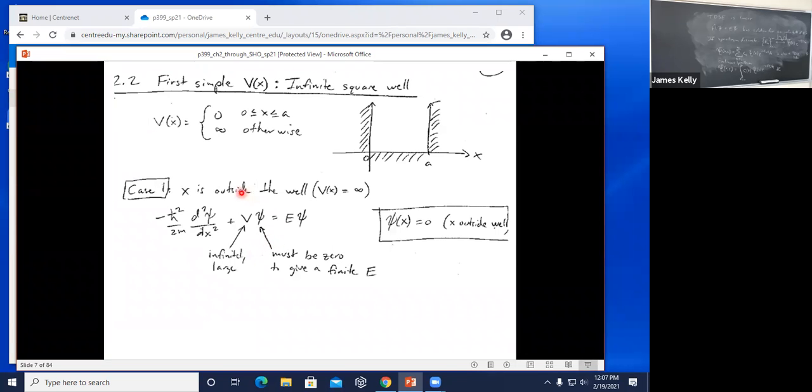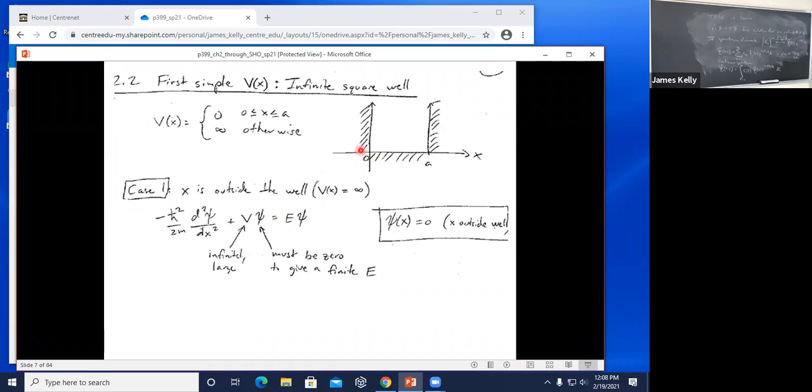In this differential equation, if we're going to have a finite E, V is going to be infinitely large in this region, x less than 0. And therefore, the only way to make this be a finite number times that finite psi again is to make psi equal 0 in that region.